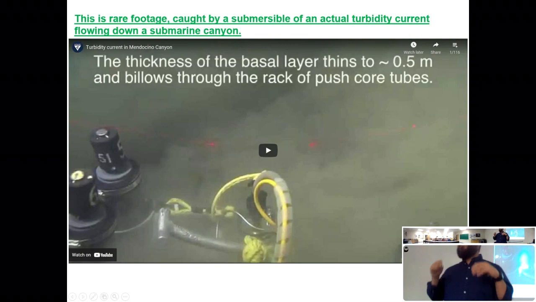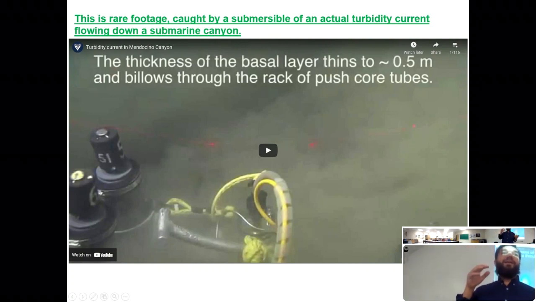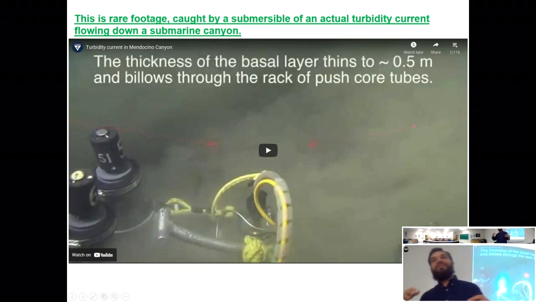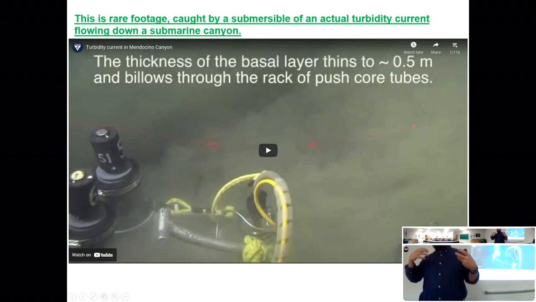Some of these are like submarine landslides. You can't call it a landslide if it's happening underwater, so they call them submarine slides. It's a big movement of sediment that comes roaring down these canyons, and the ROV got caught in the middle of one. So you can see what it's like.